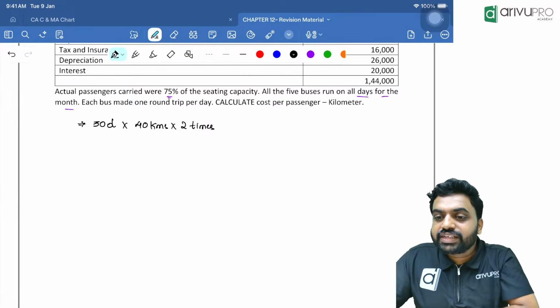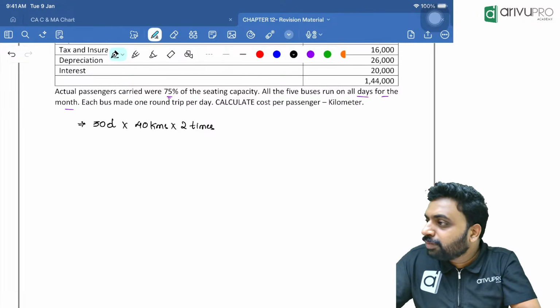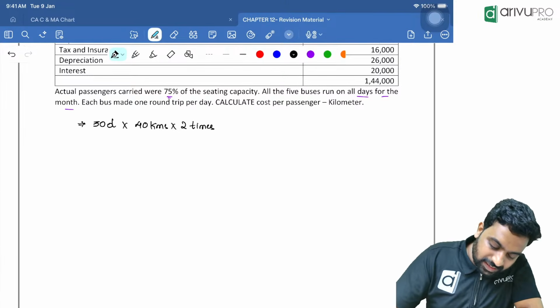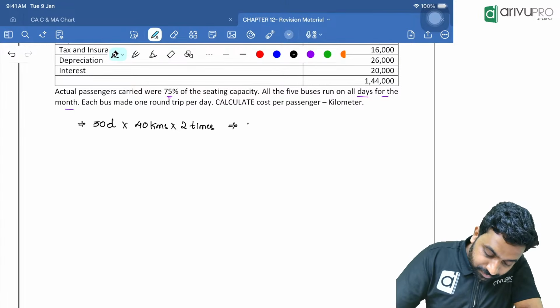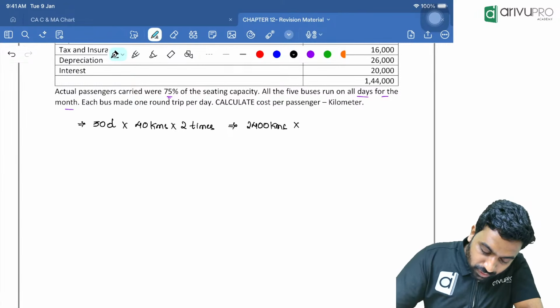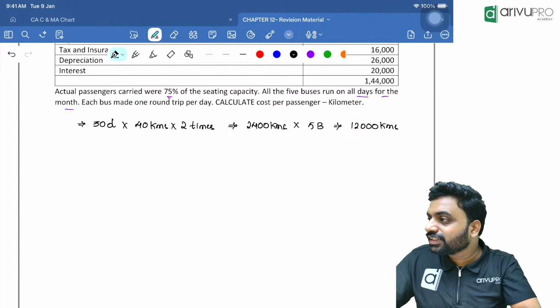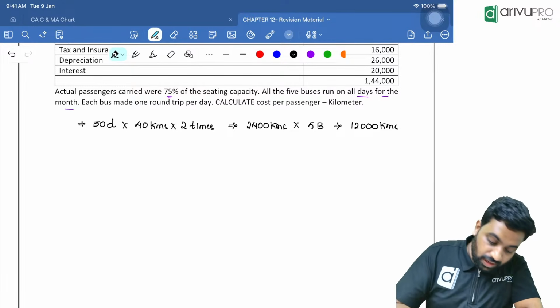So this will give me how many kilometers bus has traveled. This is per bus. I want for 5 buses. That means kilometers traveled are 12,000.